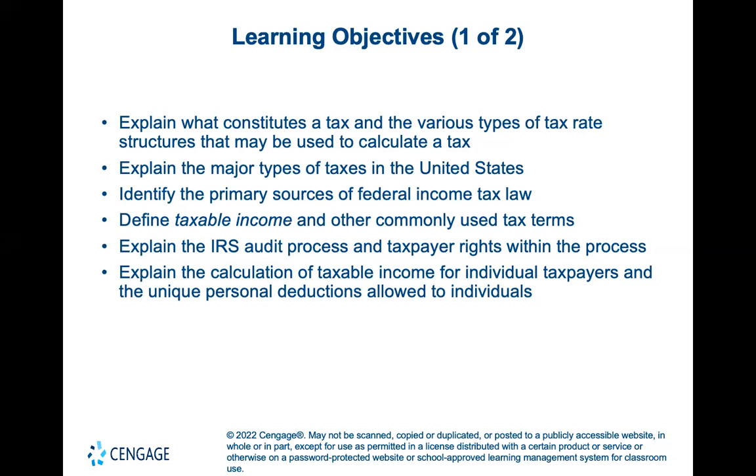And lastly, explain the calculation of taxable income for individual taxpayers and the unique personal deductions allowed to individuals. So this is just an explanation. By the end of this section, these are the objectives, meaning you should have an understanding of these.